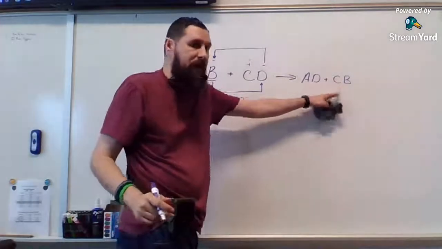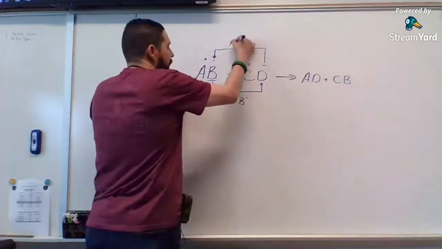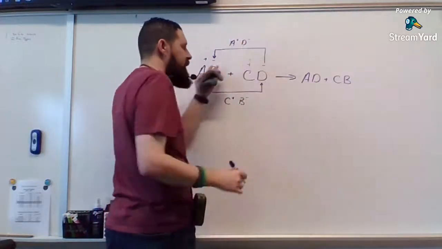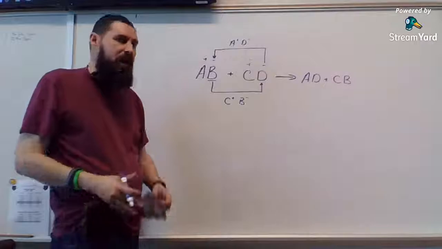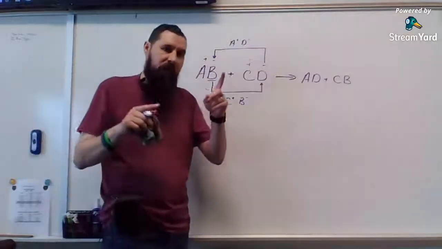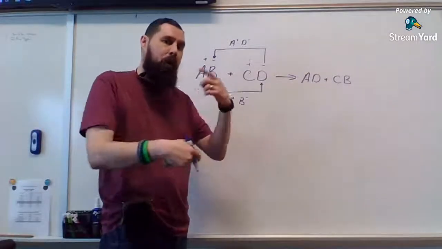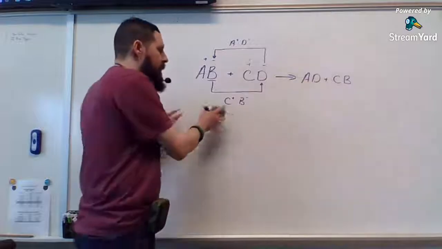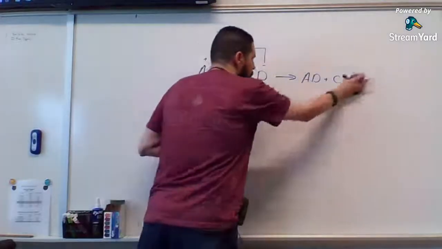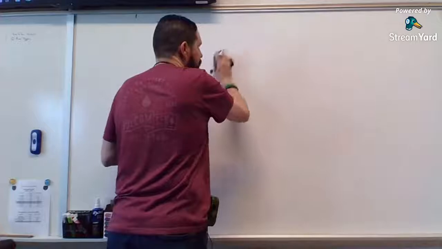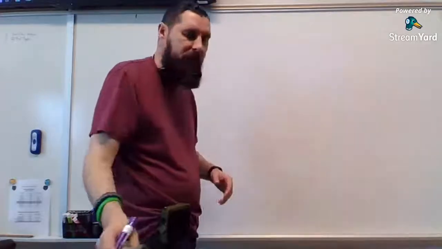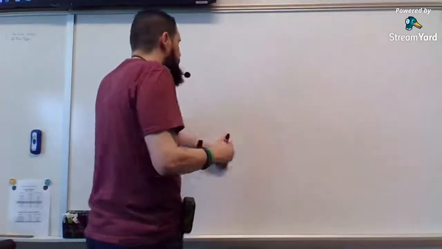So I'm still going to get CB. And I'm still going to have A as my positive combining with D as a negative to form AD. So you can either look at it as a switching out of the positive components or switching out of the negative components. Either way, you'll get the same results. So let's actually take a look at a reaction that is double displacement.